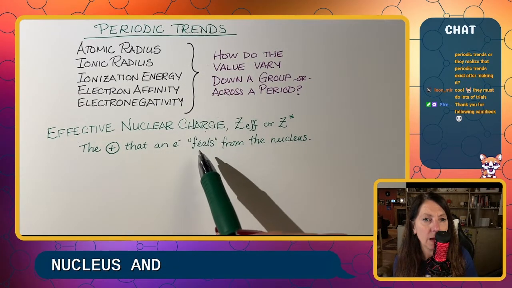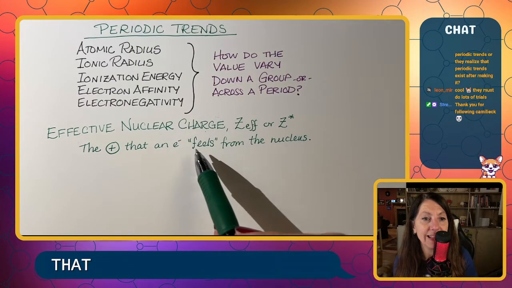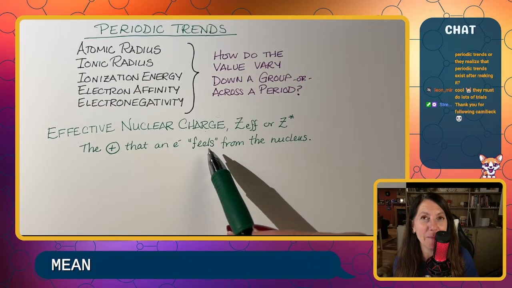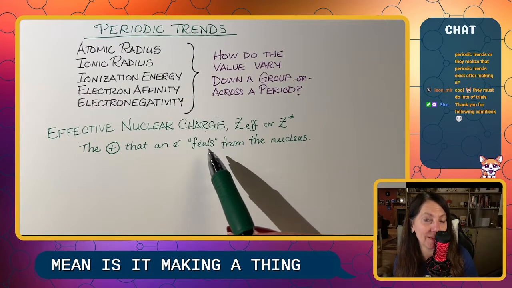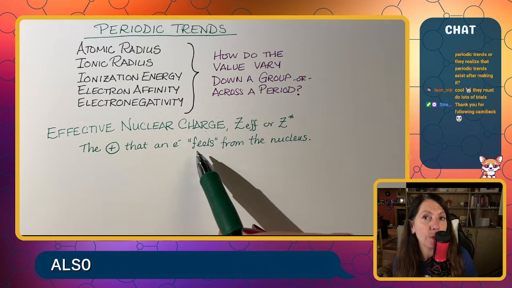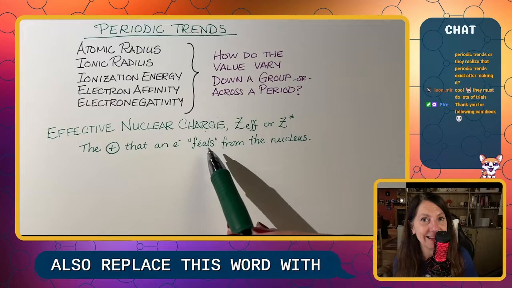And I do realize that feeling is anthropomorphizing, you know what I mean, making a thing into a person. I always mess up this word. But you could also replace this word with detecting.